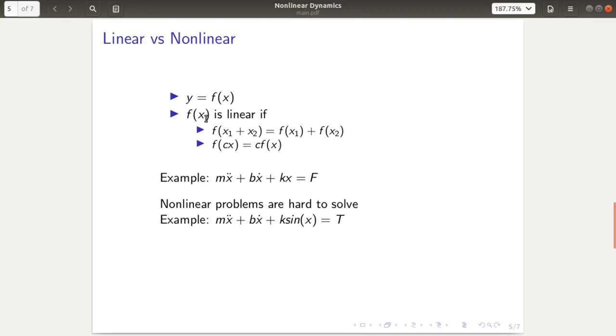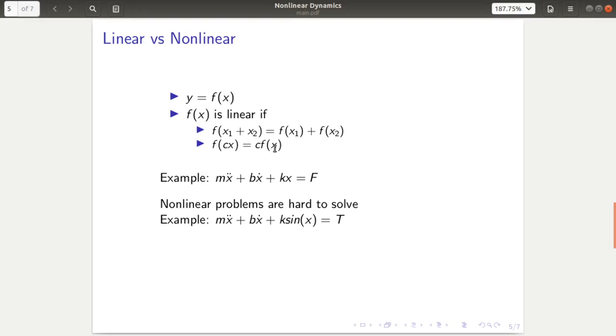The other property is this: x is the input, right? So instead of just giving x, if I scale it with a scalar c and then substitute, I'll get a value which is f of c times x, and that will be the same as the value when I substitute x, get an output f of x, and then scale it by c.